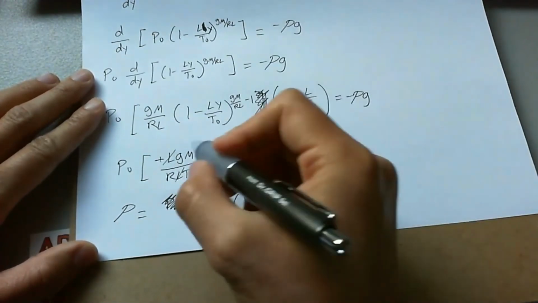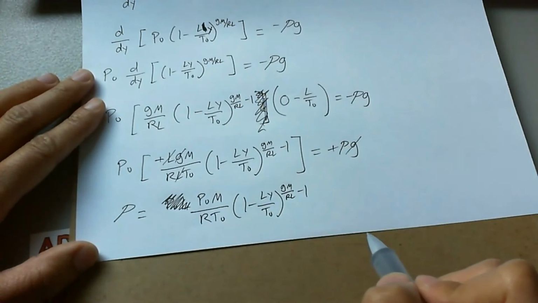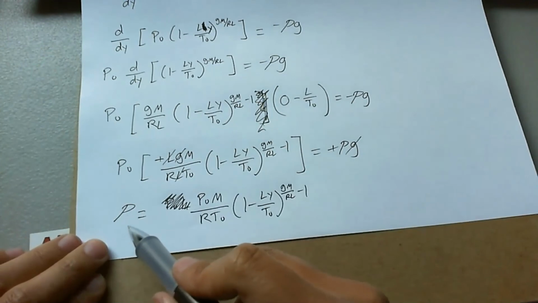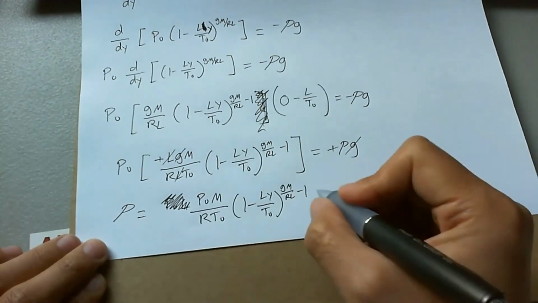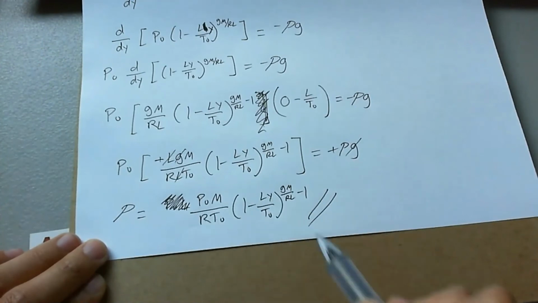And the G, of course, also canceled out. That's why I just had P naught M and then R T naught at the end. So this is the function right here for the density rho. And as you can see, these are all constants except the y, which is the variable.